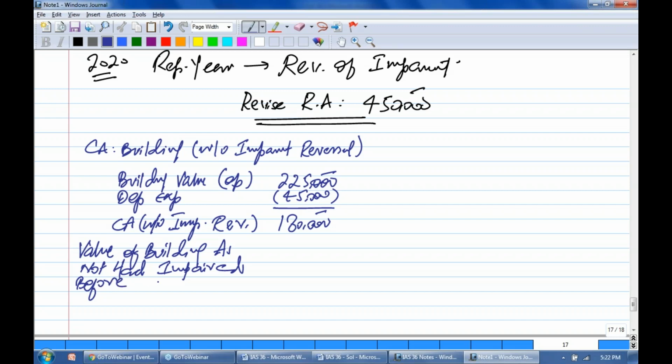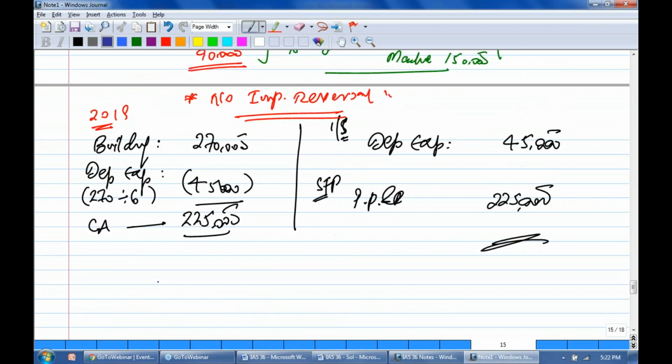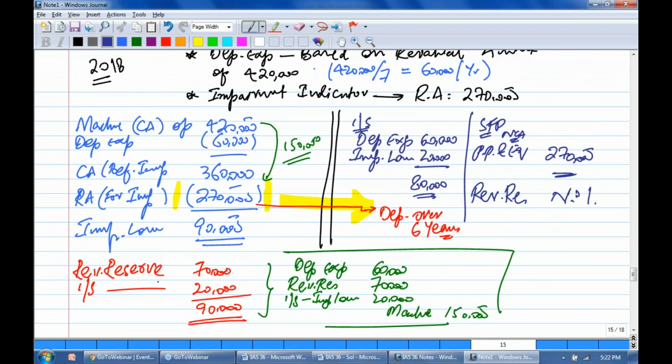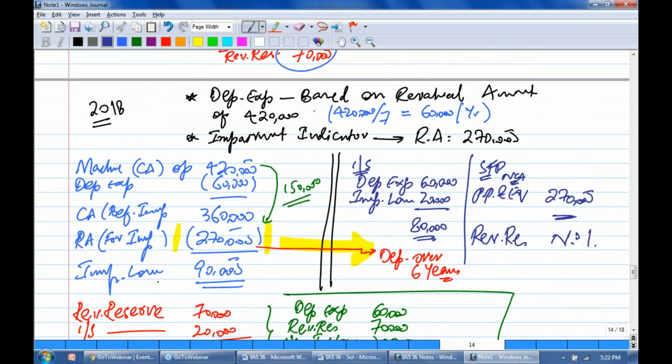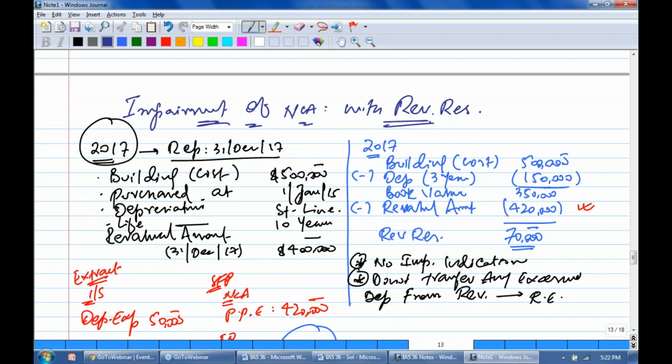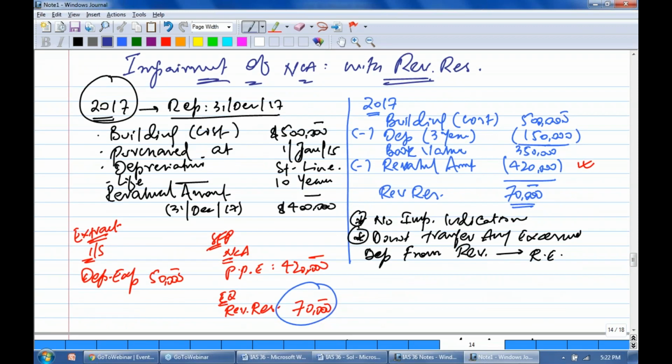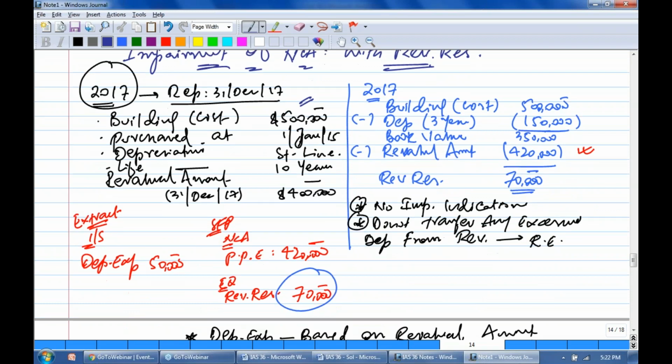As if the asset had never been impaired before. So actually, the game of impairment arises after the revaluation of the machine. From the original aspect, the asset has a value with the cost of 500 in 2017, and we have done the depreciation on that basis.